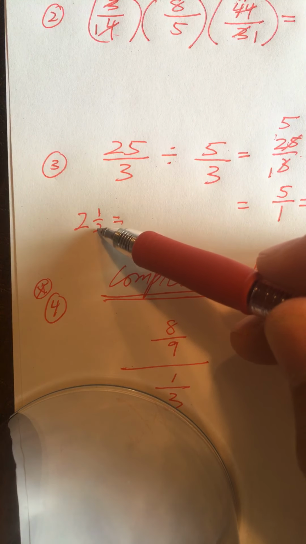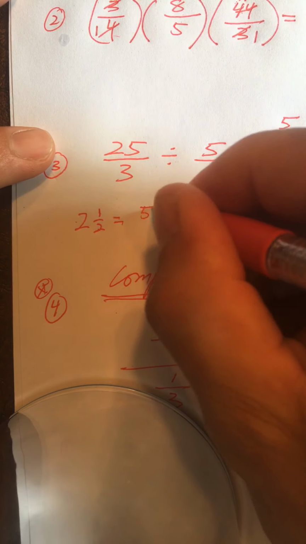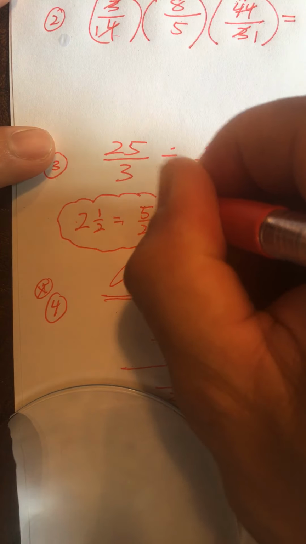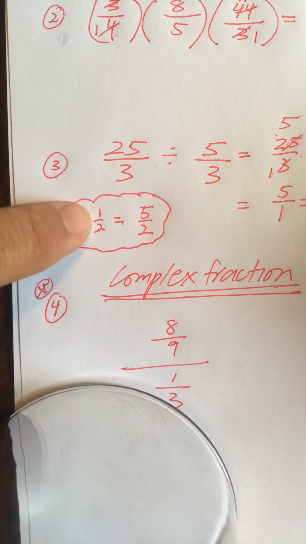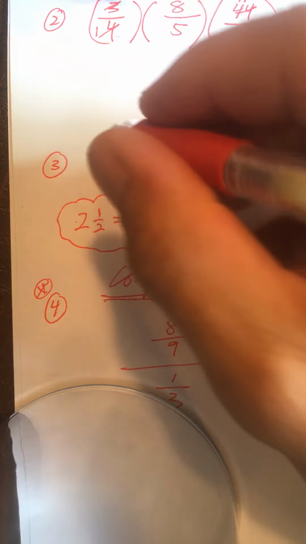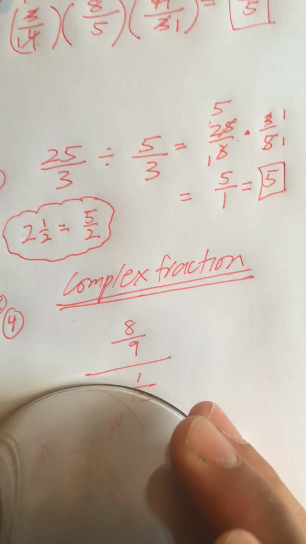And what we would do is we take the 2, multiply it by the 2, and we would add 1. So this would be converted to 5 halves. Okay, and typically, improper are much easier to work with than mixed. So keep that in mind. If you see that somewhere, that's how you would convert, and you would just do it that way.